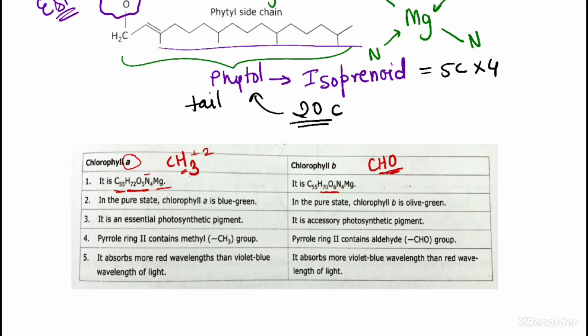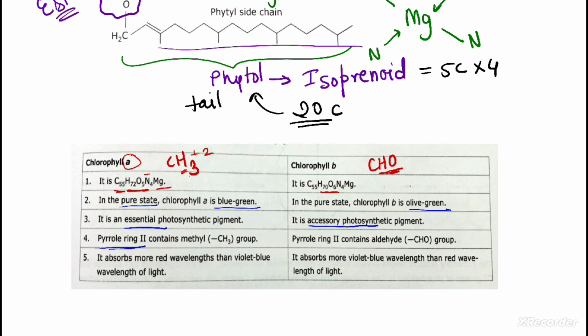Moving ahead, these differences were spoken about last time, but I'll just quickly brief upon that. Chlorophyll A in the pure state is blue green, while this one, chlorophyll B, is olive green or somewhere yellowish green. Then chlorophyll A is an essential photosynthetic pigment, while this one is an accessory pigment. Pyrrole ring 2 contains a methyl group here, and pyrrole ring 2 contains an aldehyde group there.